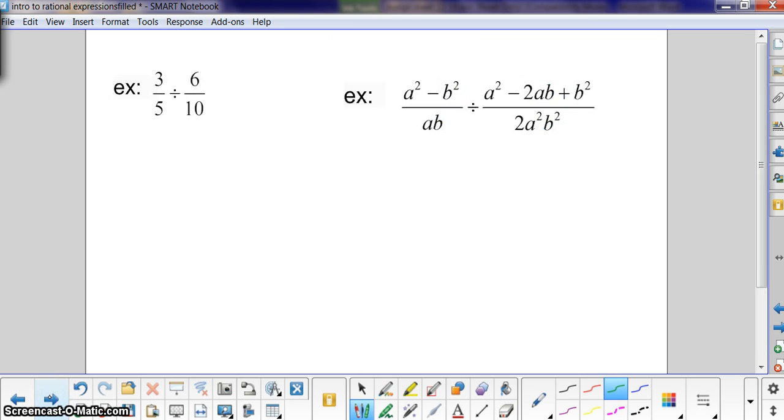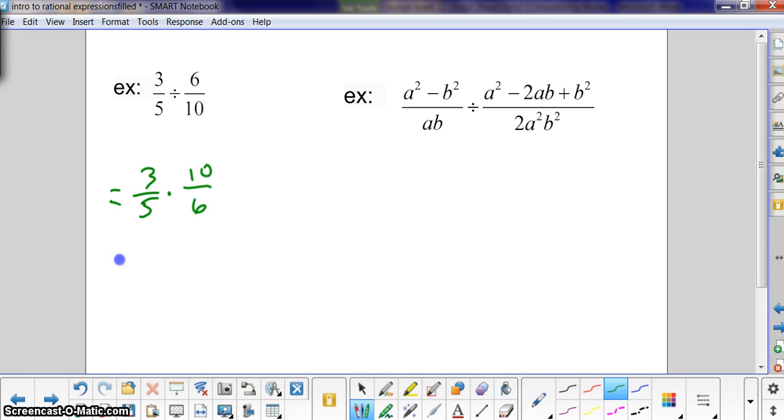What do you say we get another example? So let's just use it without any variables, just normal integers. So 3 fifths divided by 6 tenths. So 3 fifths, instead of division, it's multiply, but now that I've changed it to multiplying, I need the reciprocal of 6 over 10, which is 10 over 6.